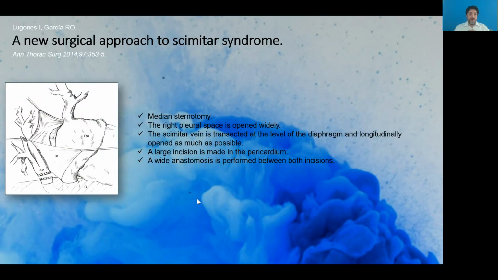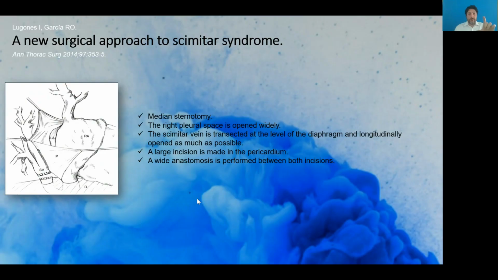Well, first you can go through a median sternotomy. I will tell you a bit more about this, but you could eventually go through a right thoracotomy. If you go through a median sternotomy, you will have to open the right pleural space very widely, and then you dissect the scimitar vein and transect it at the level of the diaphragm. After you transect it, you have to open it longitudinally.